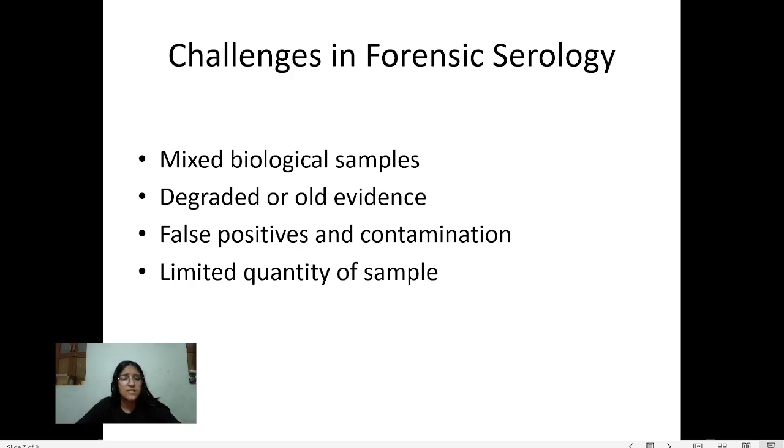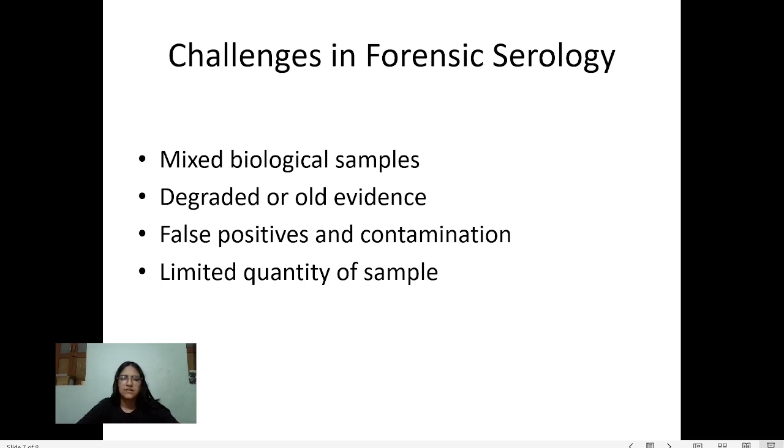Similarly, degraded and old samples can also be very challenging, or contaminated samples, because of various factors like environmental factors or disturbance by animals, vehicles or anything. These things can destroy evidence.